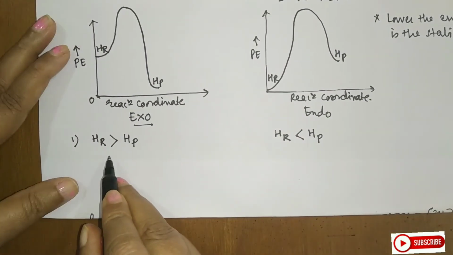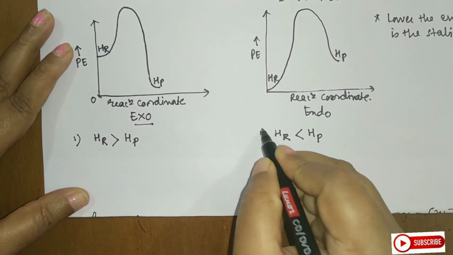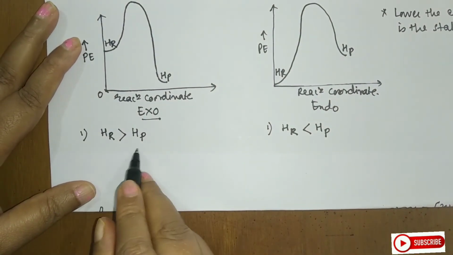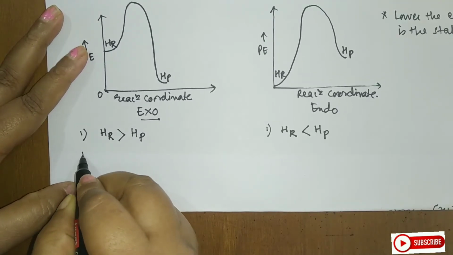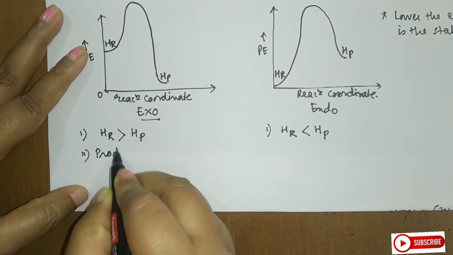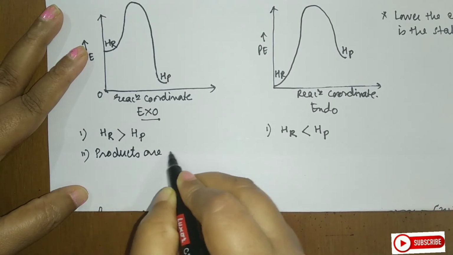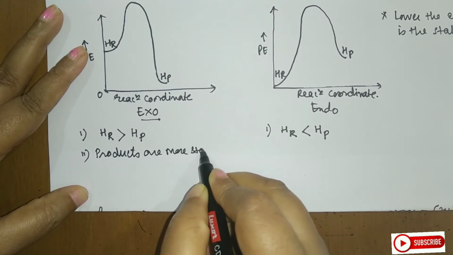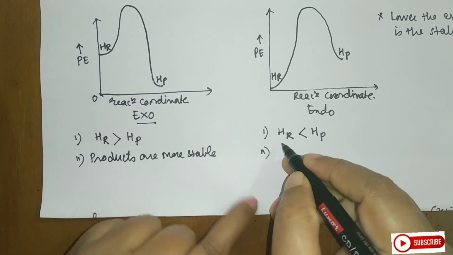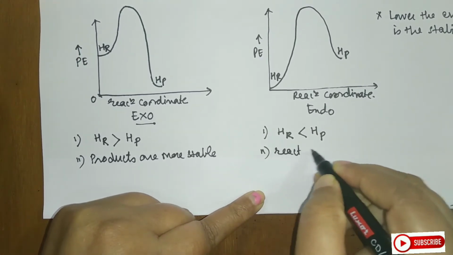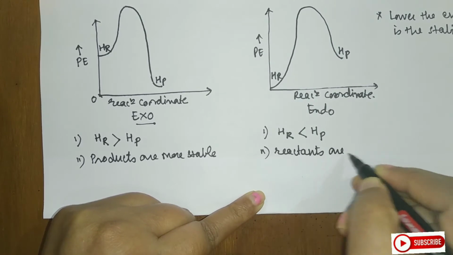So if I see the two points I have written here, the enthalpy of the product is less as compared to that of the reactant. So the second point is that products are more stable in an exothermic reaction, while in an endothermic reaction the reactants are more stable.